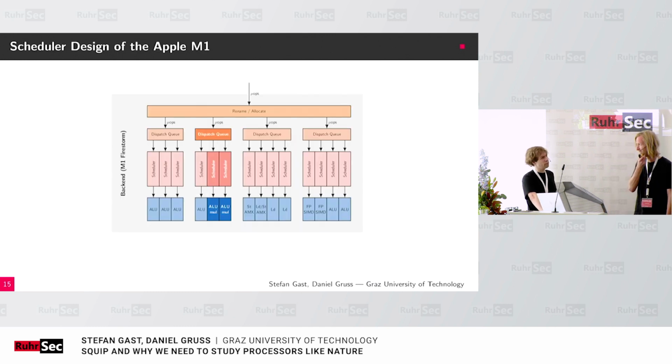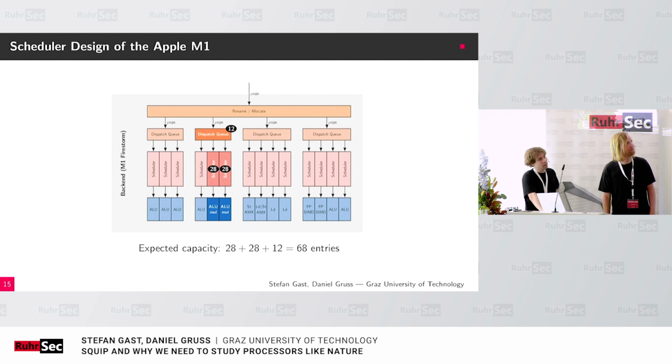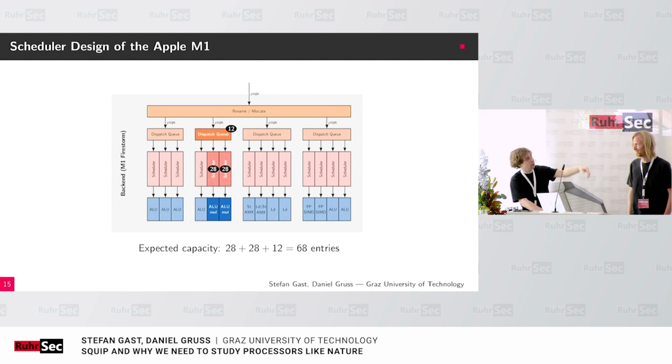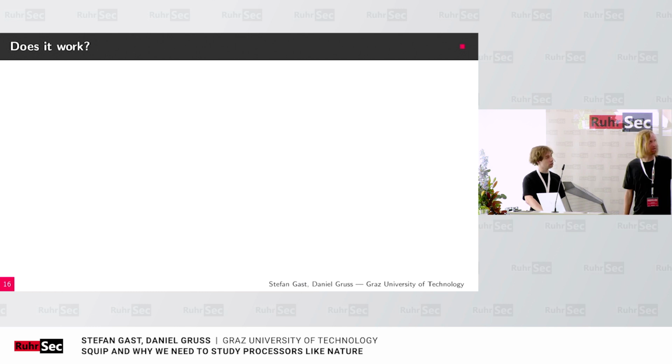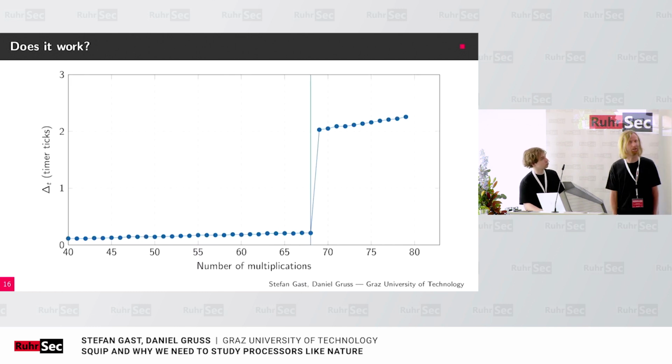But they also have a few more scheduler queues. It's split up a bit differently, right? It looks a little bit different, yes, but if we fill all of those queues, then we can still attack it. Basically the same, and it also works on the Apple M1. So how do we use that in an attack?